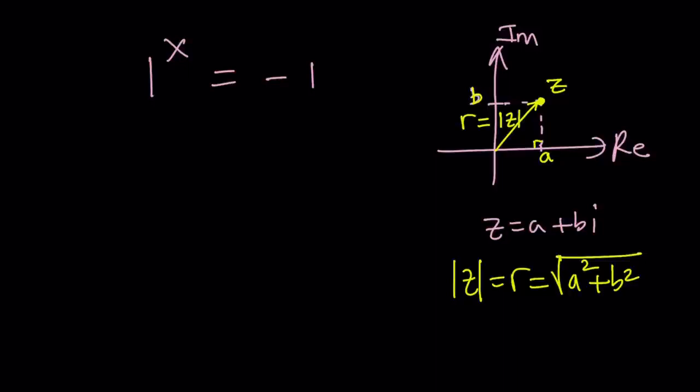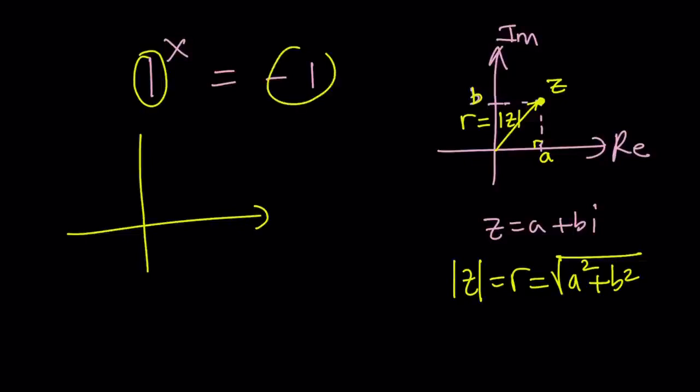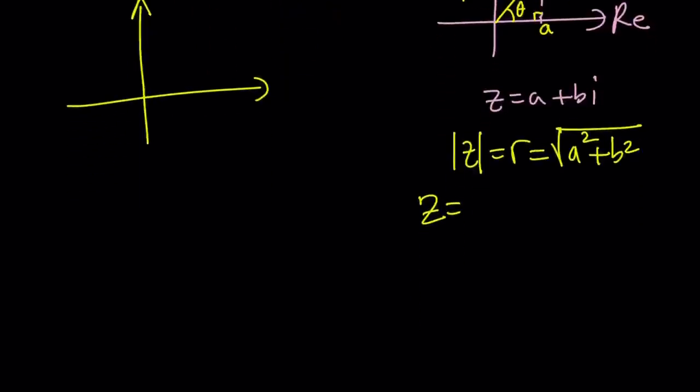Make sense? So by using this idea, we can basically graph both of these numbers, 1 and -1, and write them as complex numbers. Let's start with 1. How do you find 1? And by the way, I forgot to say, there's an angle that's formed, which is theta, which allows us to write this number z in polar form.